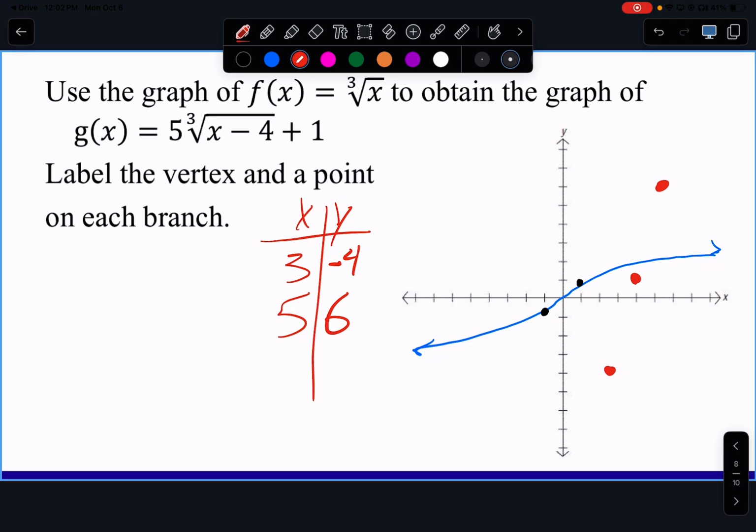So it should come down over, it's not very good. There we go. About like that. You can see on this one the impact that that 5 has on our points. It should really, from our vertex, if it was the parent function, just go over 1, up 1, because 1 cubed is 1. But it goes all the way up because it's times 5.